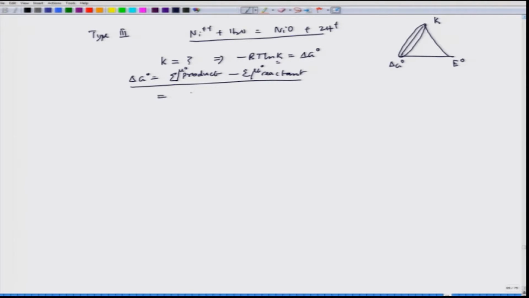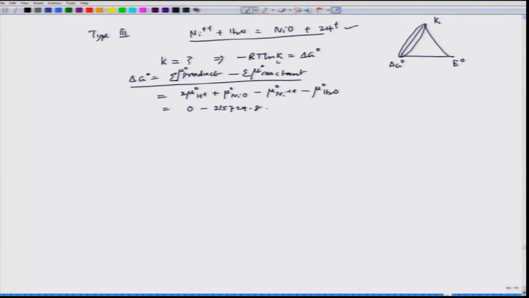Now, we can see from this reaction, mu 0 of product, this is the reaction equation we are getting. We already know this value, this is 0, and this value becomes minus 257 29.8.